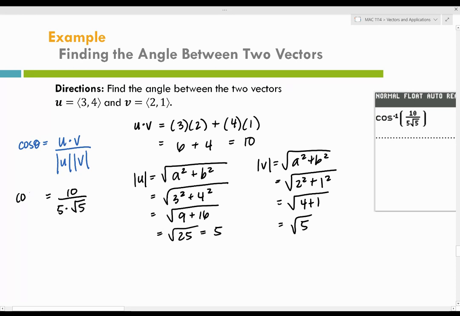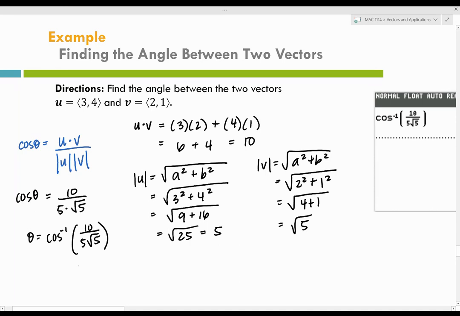Now, according to our formula, we're looking for the angle that falls in between. So cosine of theta equals 10 over 5 times the square root of 5. I don't need to worry about rationalizing this because it's not my final answer. I actually need to use the inverse cosine to find theta. You can rationalize it if you want to, but it's not necessary. So I'm going to use inverse cosine of 10 over 5 square root of 5, and plug this into my calculator.